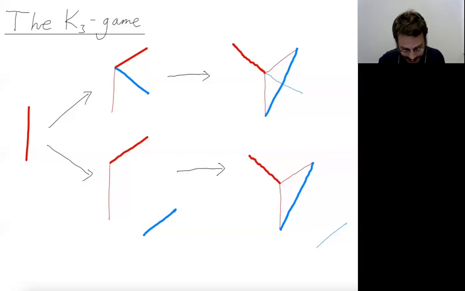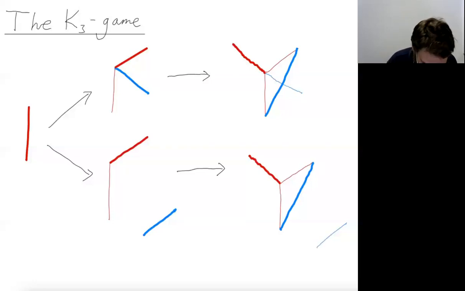So, okay, maybe the first interesting case is the K3 game. But the K3 game is also fairly easy. You can see here in this picture, I've sketched out a winning strategy for the K3 game. And even in the first example I gave at the start of the talk, you could see that the first player was using this strategy in order to build a triangle. So how does this strategy work?